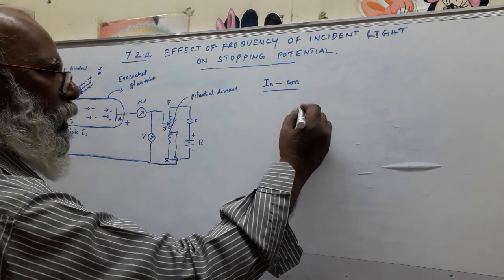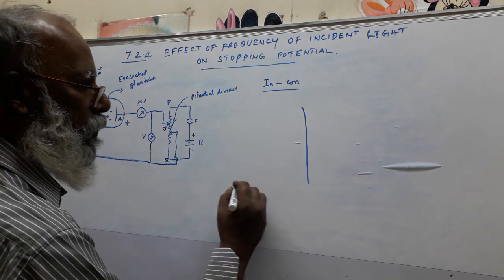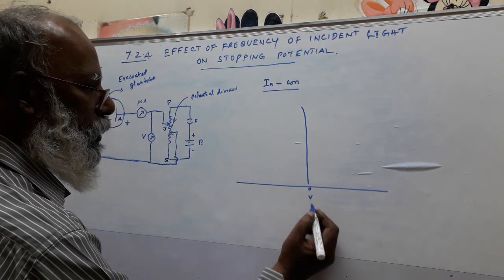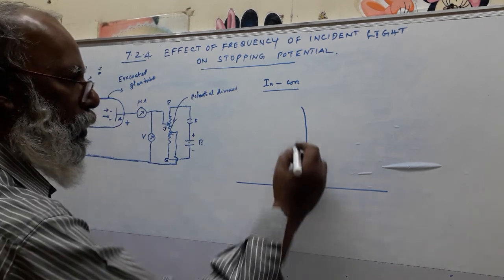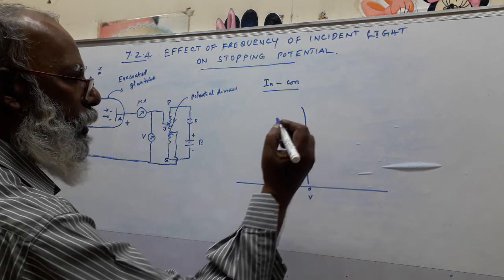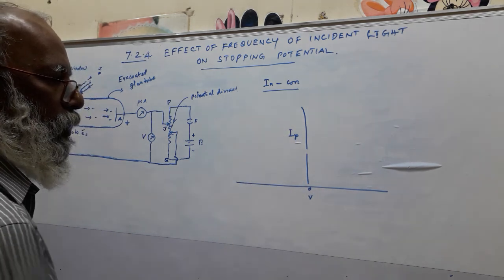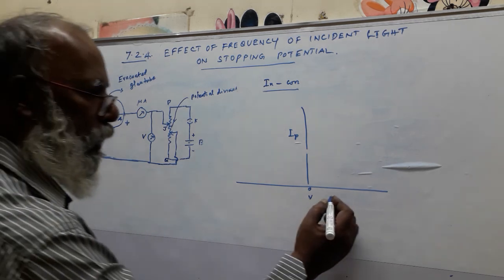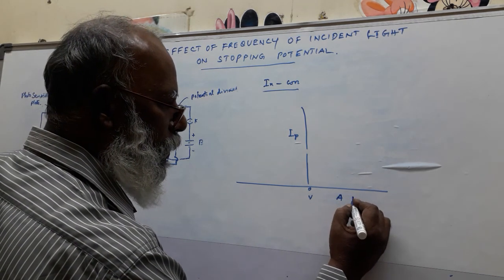If you draw a graph like this, this is zero voltage and this is photocurrent. Photocurrent, I am simply writing IP. And this is the collecting electrode, the anode potential.